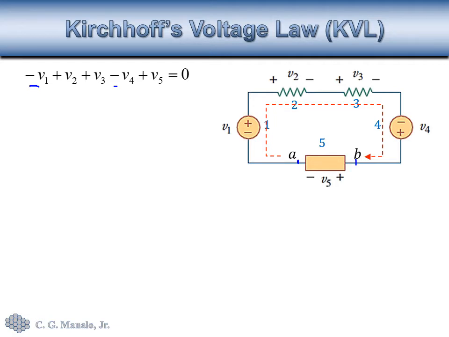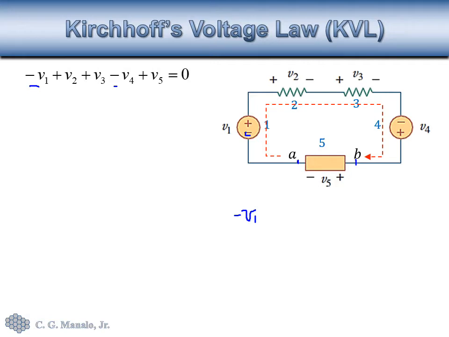As I approach element 1, when I enter element 1, I first encounter the negative sign there. So I put a negative sign for the voltage V1. And then I leave element 1 and proceed to element 2.